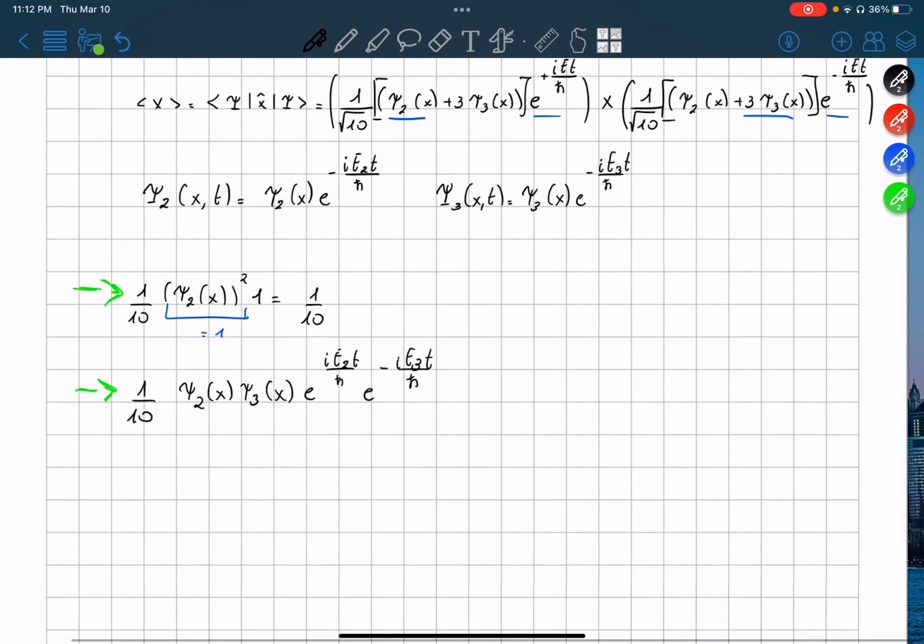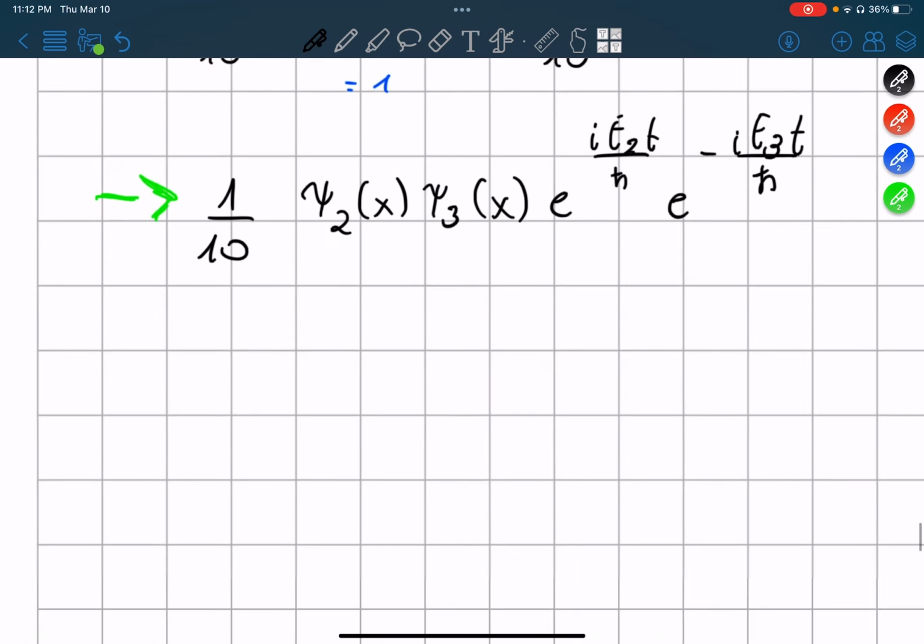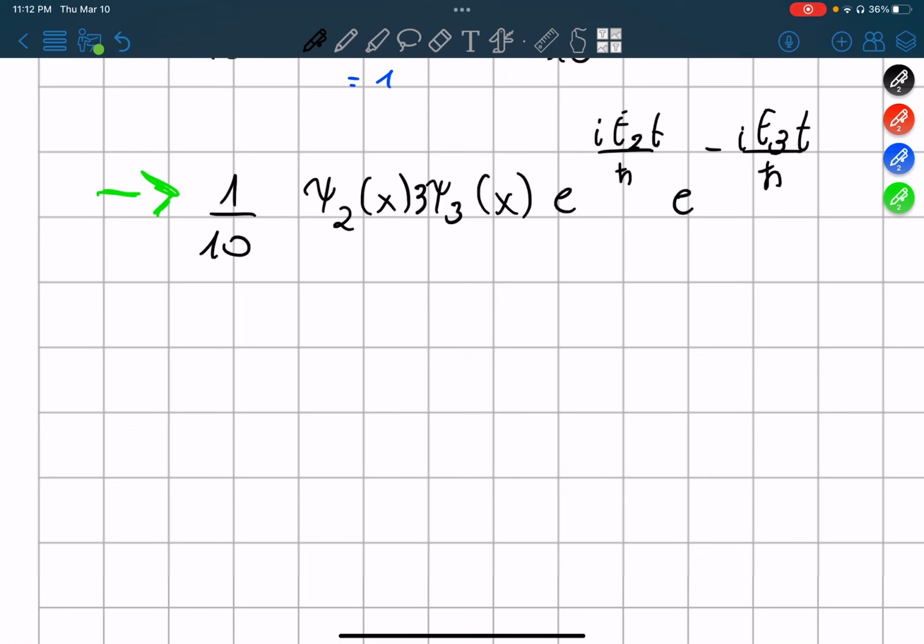And then we're done with the first psi 2, so we're going to have 3 psi 3, oops, I forgot the 3 over here, sorry.